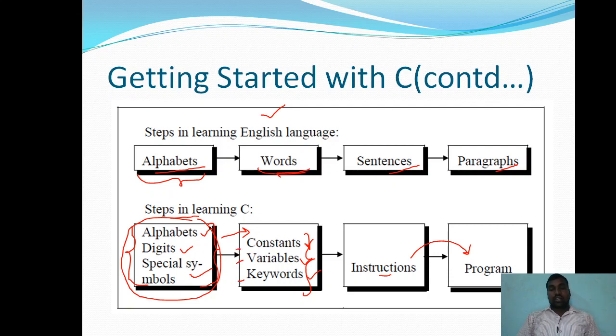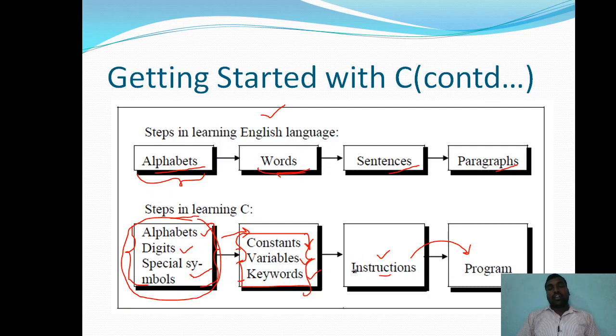After learning what constants, variables, and keywords are, you can easily write the instructions in a C program.